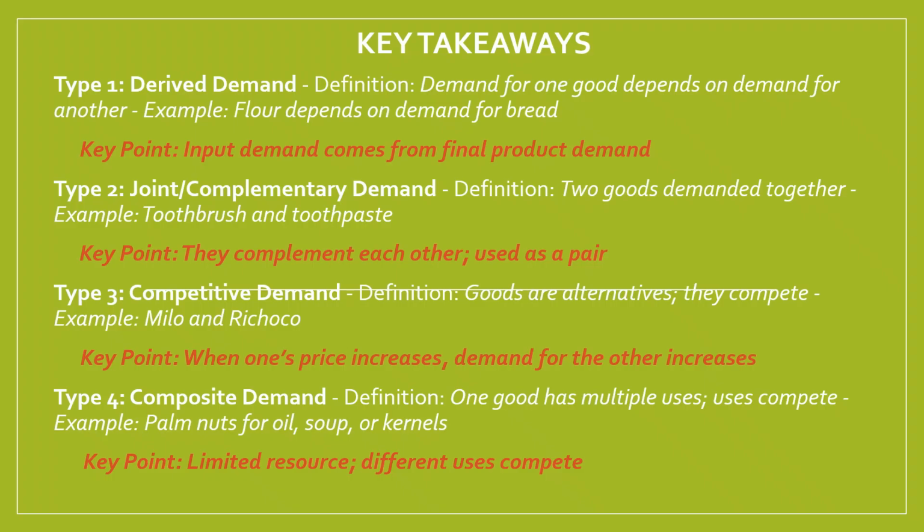Type 2, joint or complementary demand. Two goods demanded together. Examples: toothbrush and toothpaste, flashlight and battery.